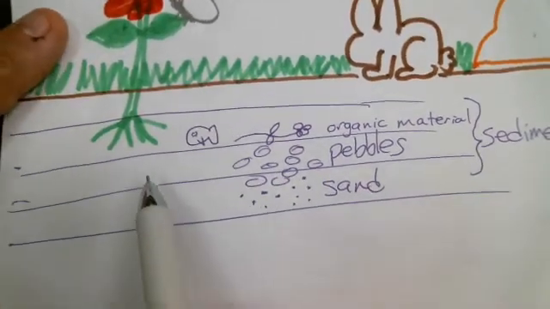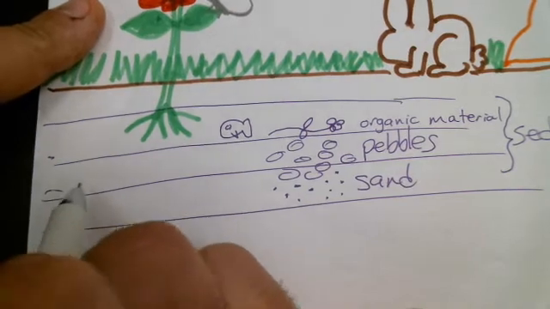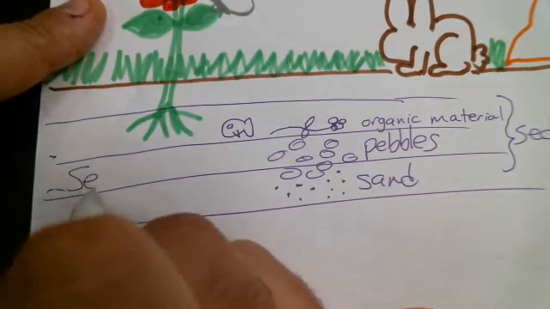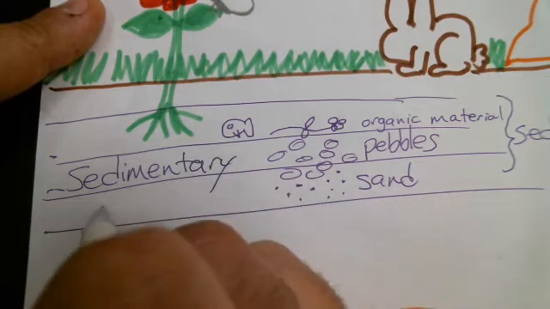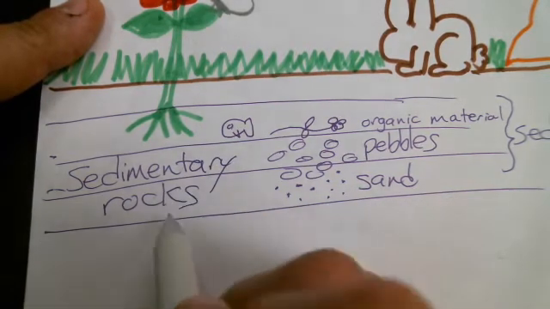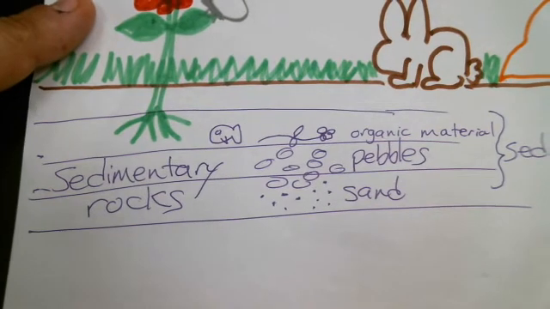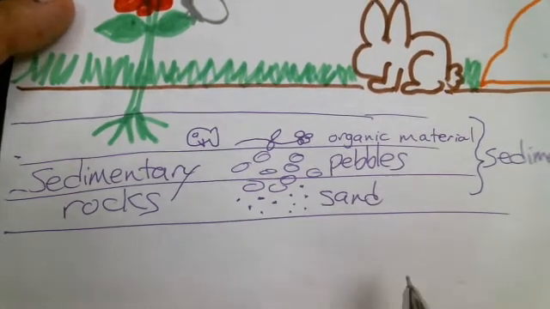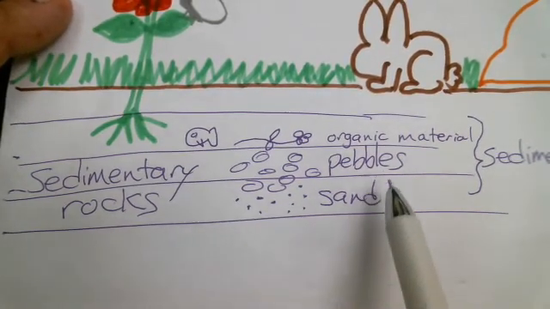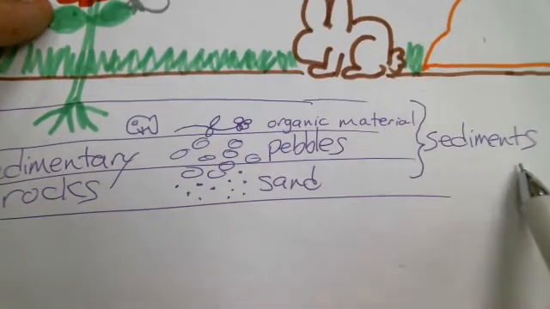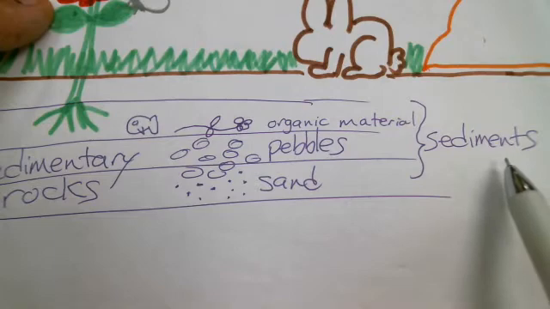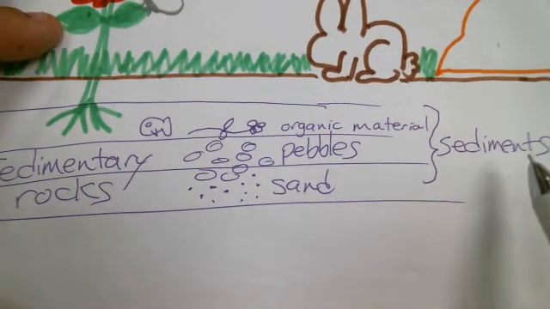So off here, please write the term sedimentary rock. Sedimentary rocks are when pebbles, sand, organic material, fossils, all these things called sediments get compacted and cemented together.